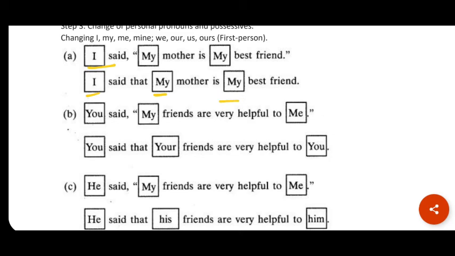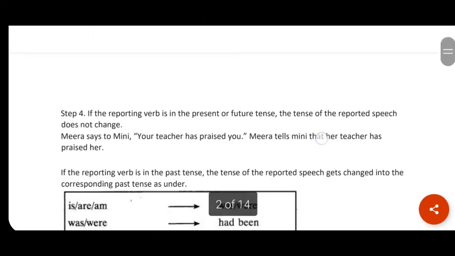If the speaker is second person, then it changes to second person. If the speaker is third person, then the pronouns or possessives change to third person. So it depends on who the speaker is.